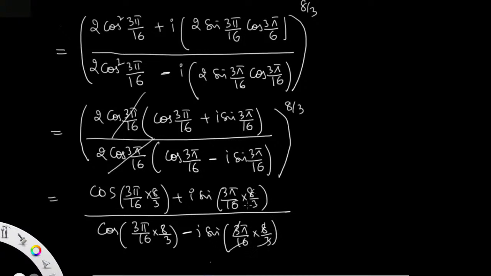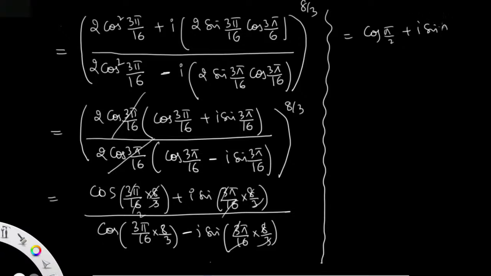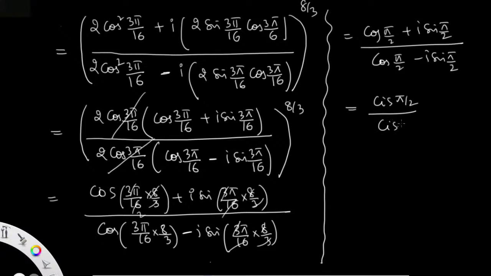Simplify: the 3 cancels, so that is cos pi by 2 plus i sin pi by 2 divided by cos pi by 2 minus i sin pi by 2. This is cis pi by 2 divided by cis of minus pi by 2. It is in the form cis alpha by cis beta, which is cis pi, nothing but minus 1. Hence proved.